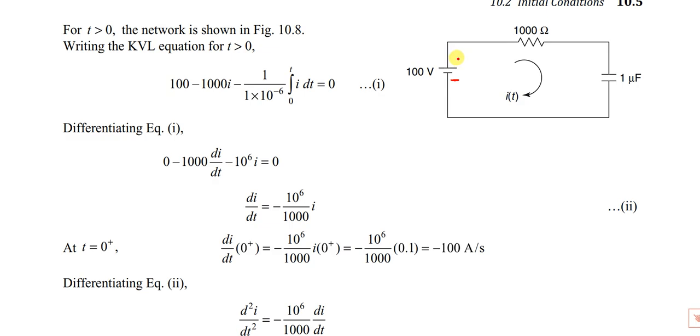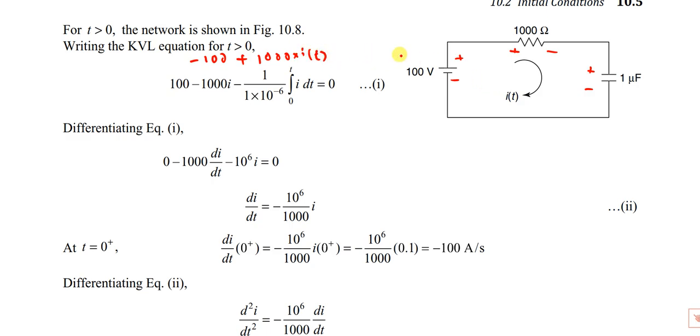So consider the polarities minus, plus, plus, minus, plus, minus. Now if I write KVL for this, minus 100, minus 100, plus 1000 into I of t.